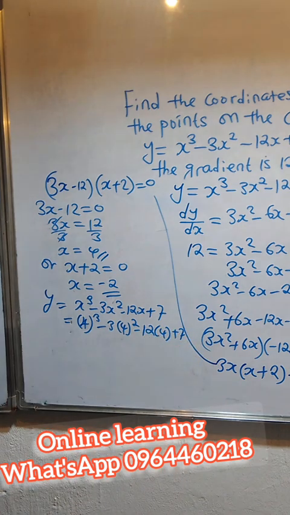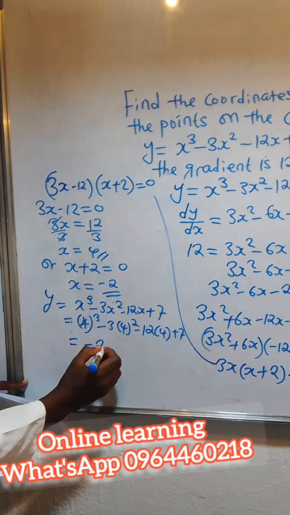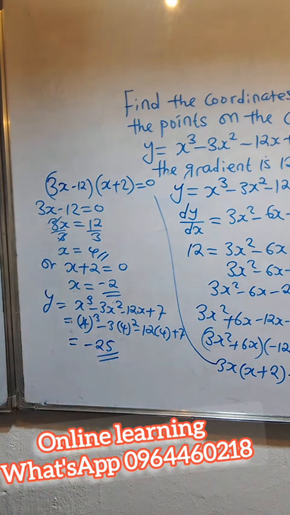When x is 4 and you evaluate that, everything will evaluate to negative 25.